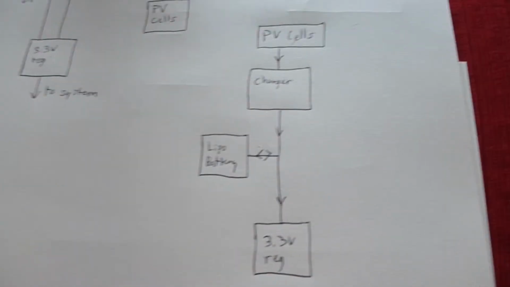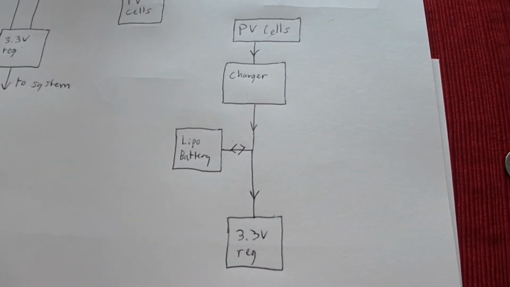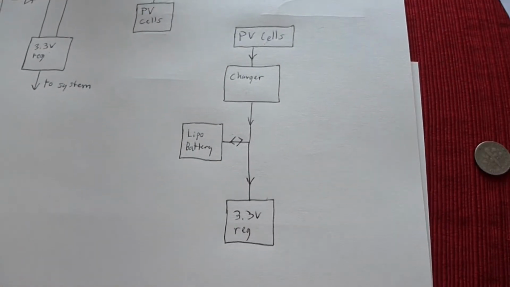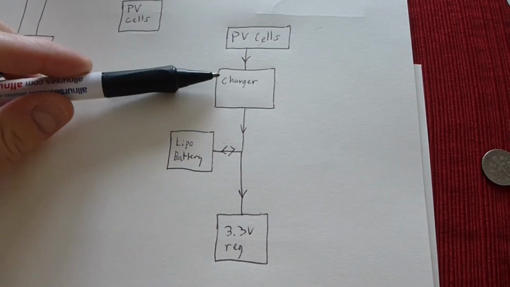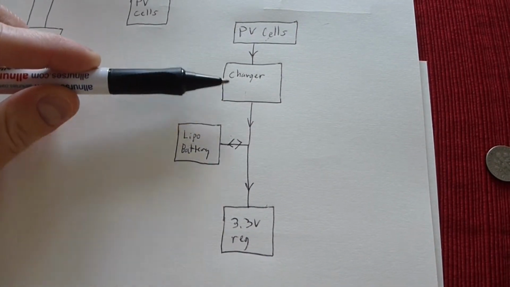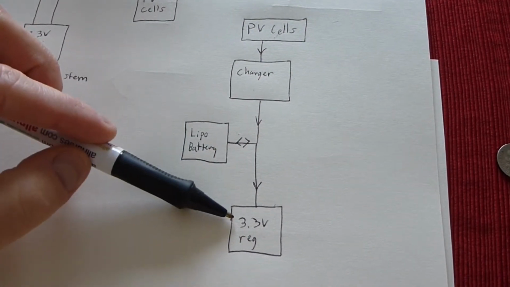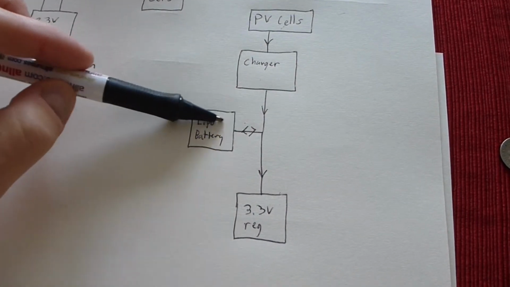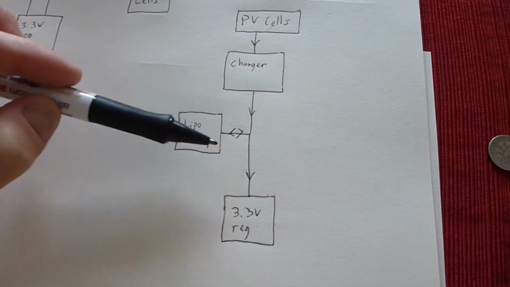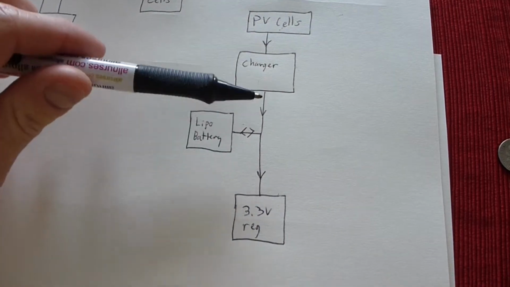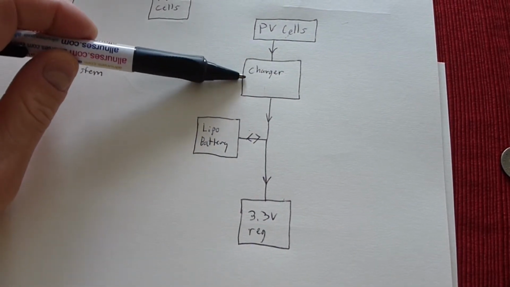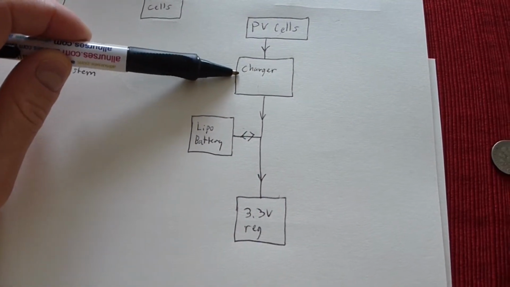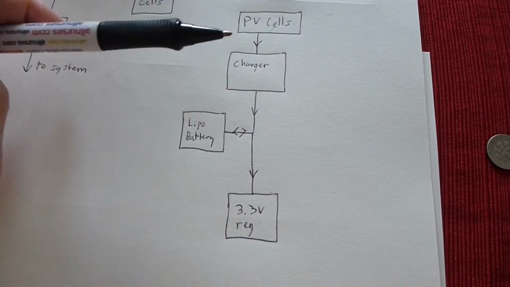What we do is we have the solar cells, which run the charger. The charger supplies current. It can supply current directly to the system, or it can supply current to the battery, or both. So this works fairly well. The issue is that the charger can only supply a maximum amount of current.